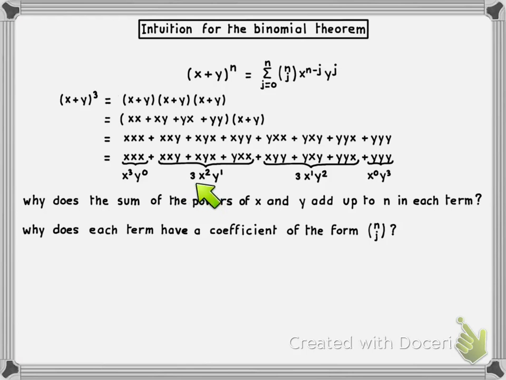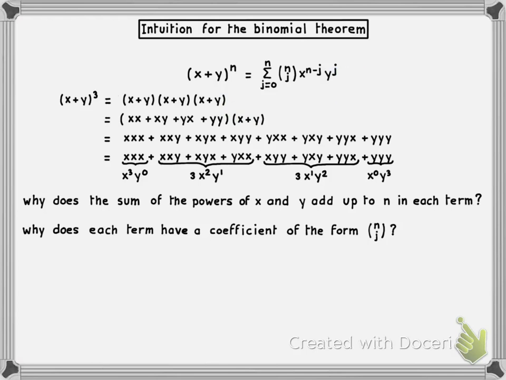Well, now I think it should become clear. It's because of how many ways there are to pick a given number of y's out of these n terms. Notice the order of the occurrences of y doesn't matter. What matters is how many of them you pick. We have n binomials, and for a particular value of j, we want to pick j copies of y.